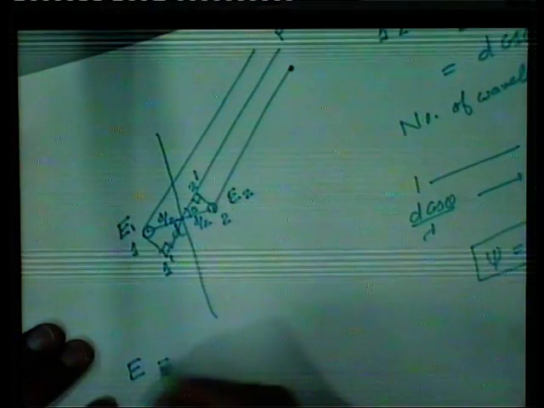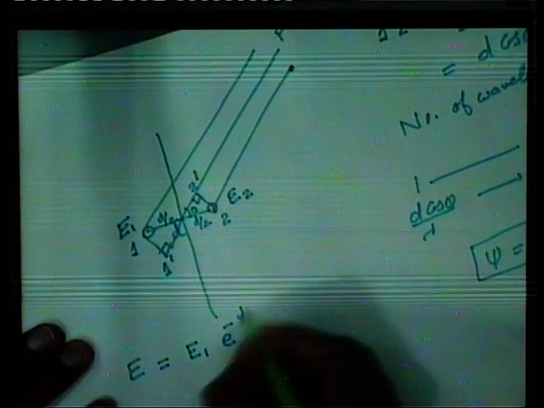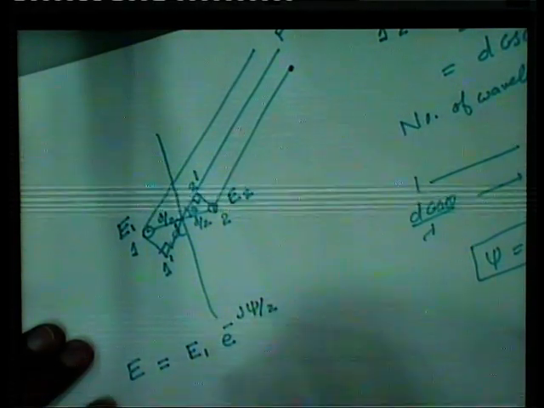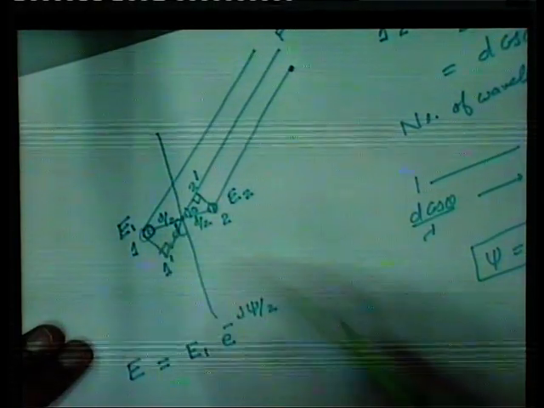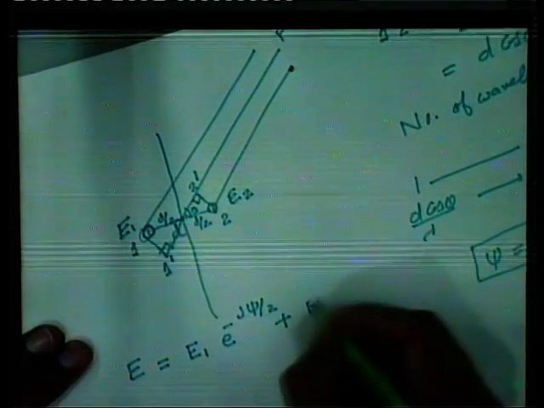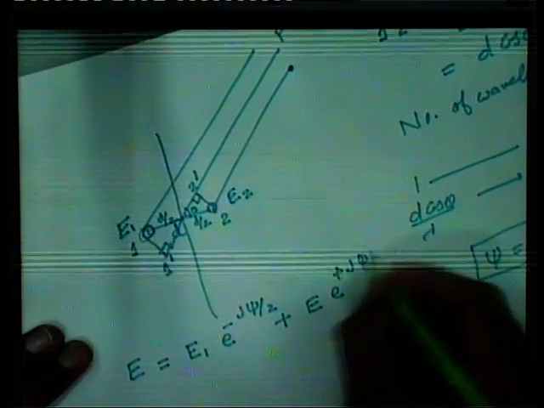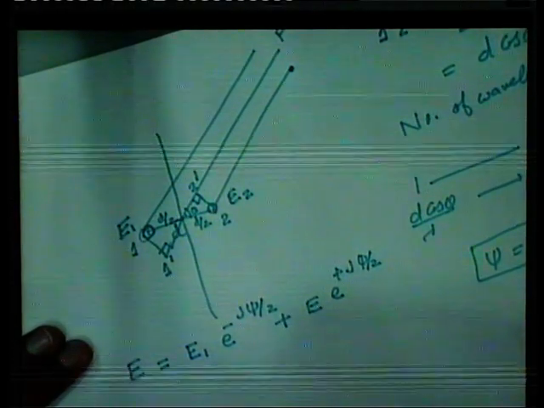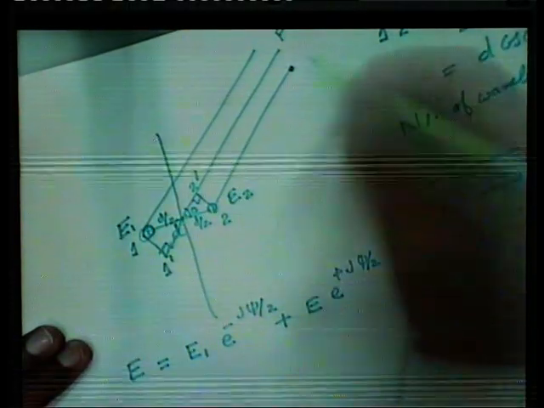So the total field at point P will be equal to E1 e raised to power minus j psi by 2. Why did we take the negative sign? Because the field is lagging with respect to the origin. Plus E2 e raised to power plus j psi by 2. Here we take the positive sign because the field due to antenna number 2 is leading.